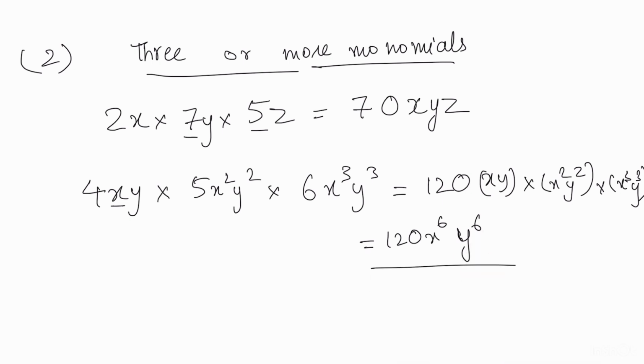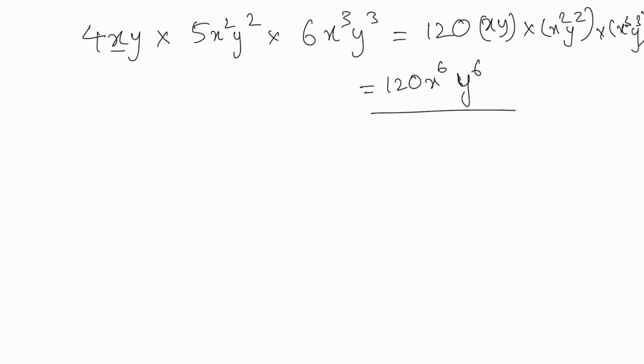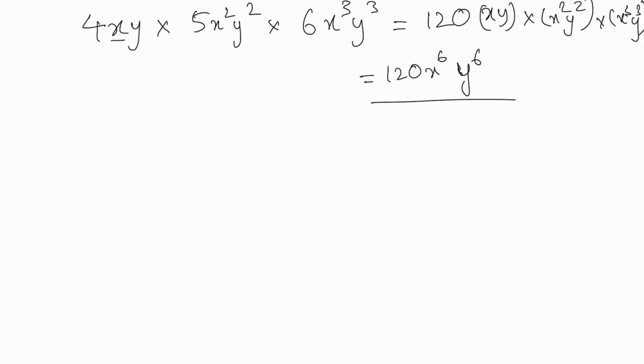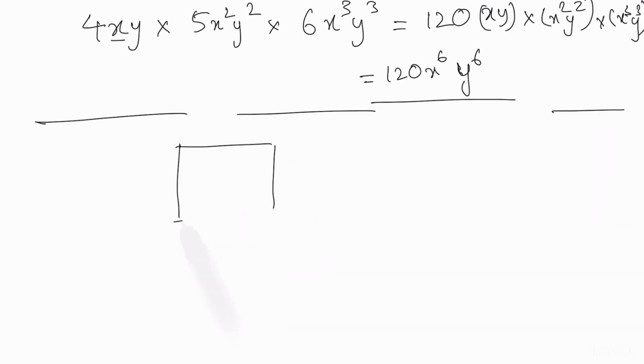Now we'll talk a little bit about area and volume. We'll talk about the area of a rectangle. I know that you all know that the area of a rectangle is equal to its length into breadth.